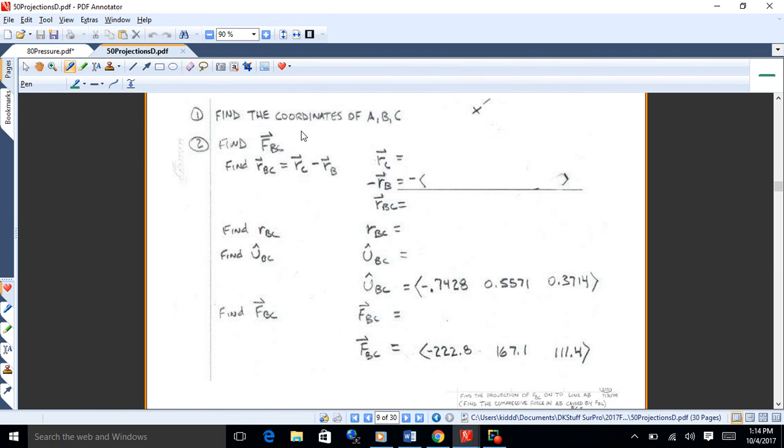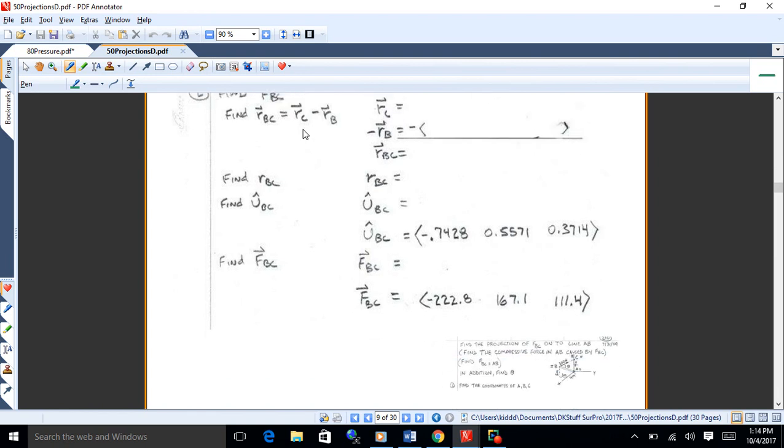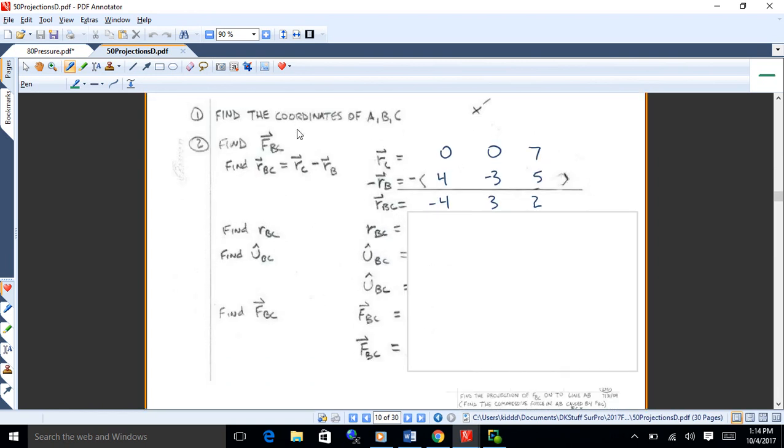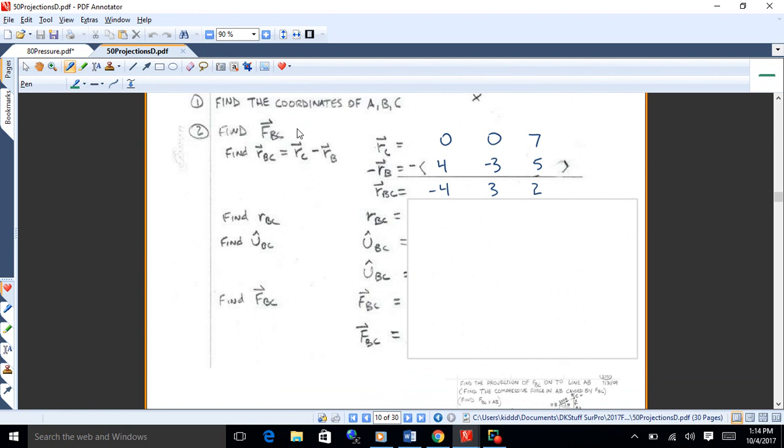Find its magnitude, divide it out, and scale it up by the magnitude of the force. So from B to C ought to be -3, -4, 3, 2. Y'all got that?